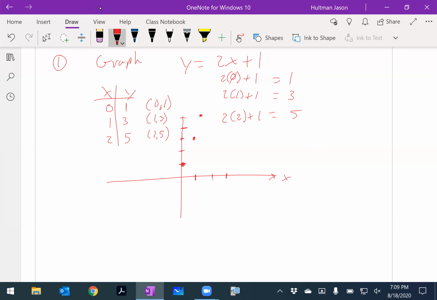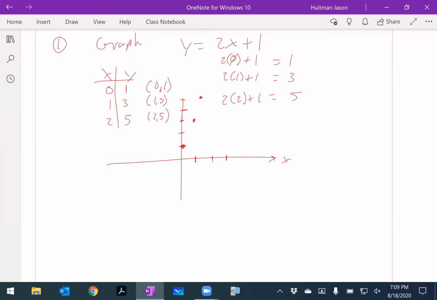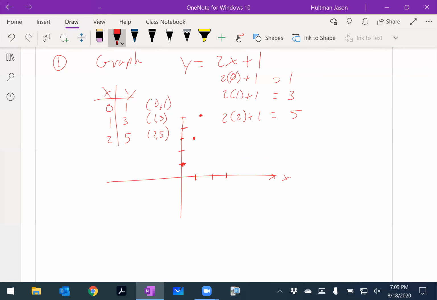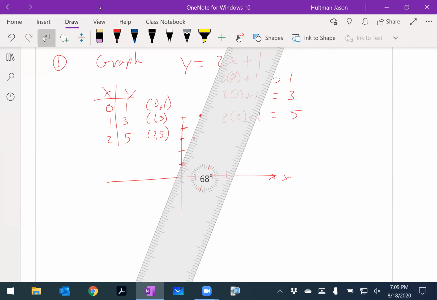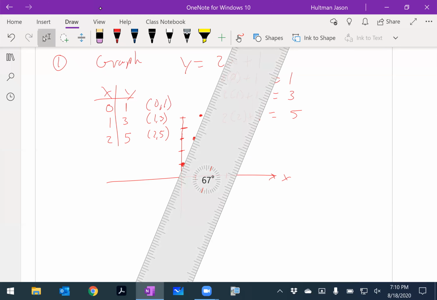Now we just need to draw our line. This is a linear graph, so we're going to draw our line. I'm going to go to my tools and use my ruler. I'm going to cheat using my ruler here. If the line doesn't go through your points, just make your points bigger.